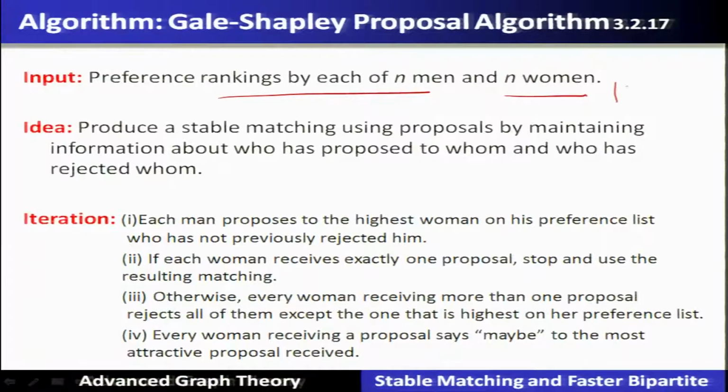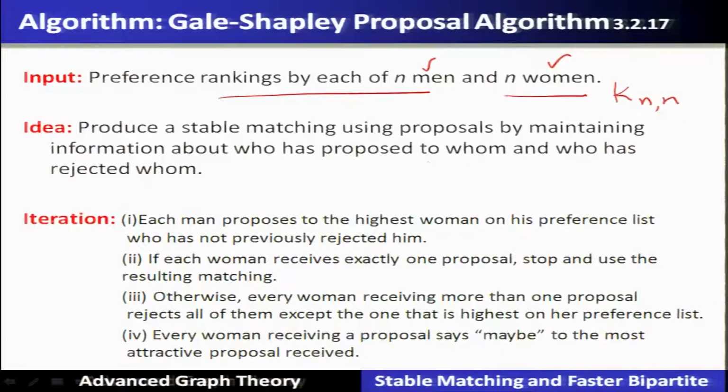The graph, if we see, will look like K_n,n, a complete bipartite graph where one partite set represents n men and the other partite set represents n women. Here the idea is to produce a stable matching using proposals, by maintaining information about who has proposed to whom and who has rejected whom.